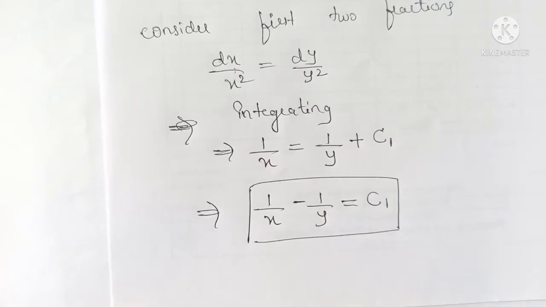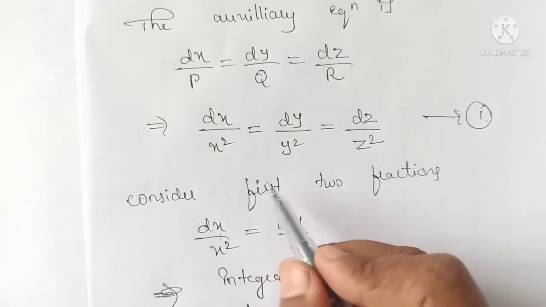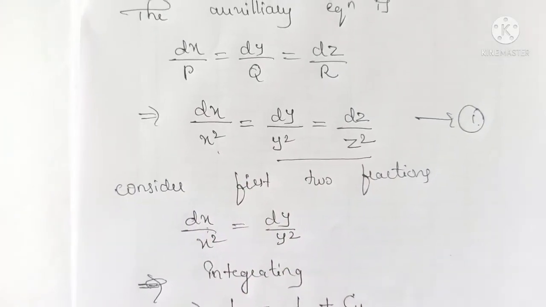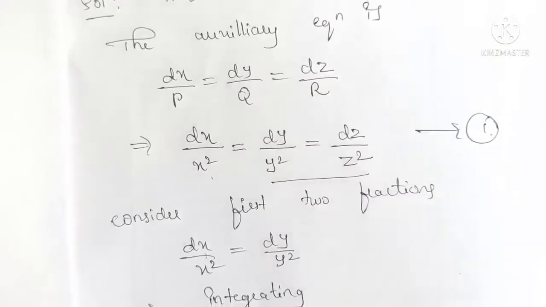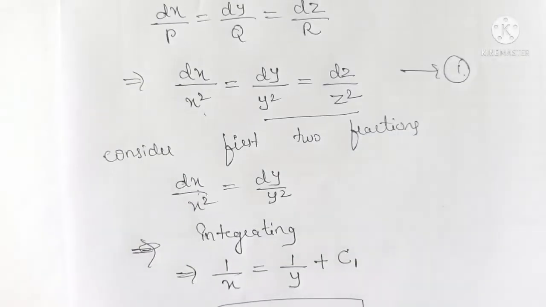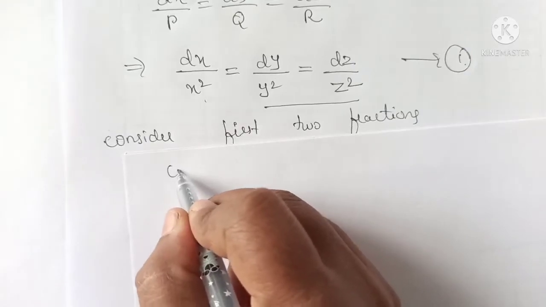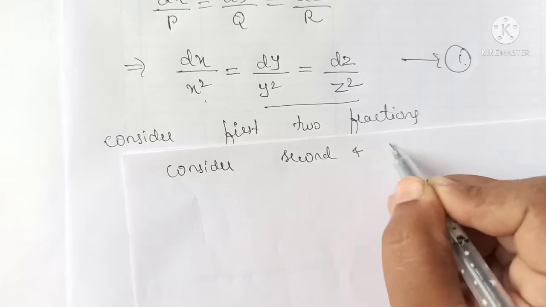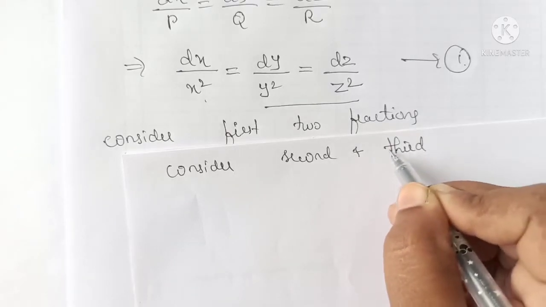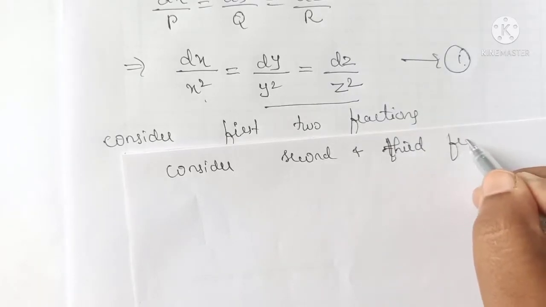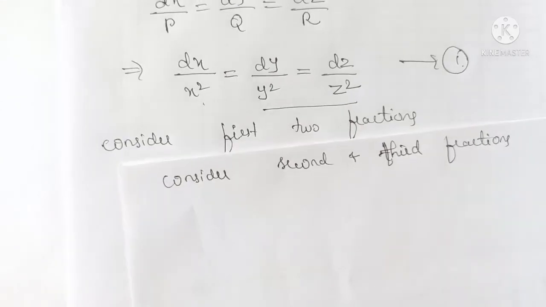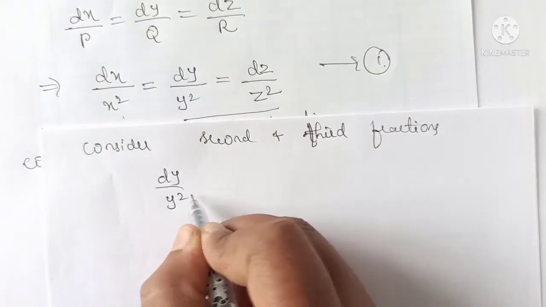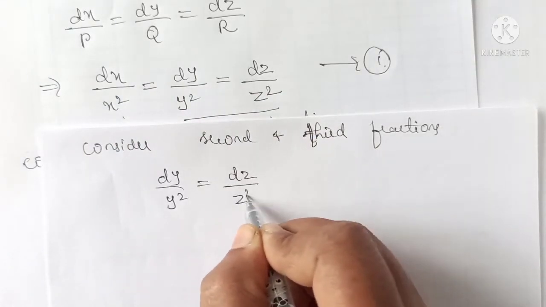Next we find another set of solution. For that you can choose the second and third, or first and third also. For another set of solution we choose the second and third fractions, so that we get dy divided by y square equals dz divided by z square.